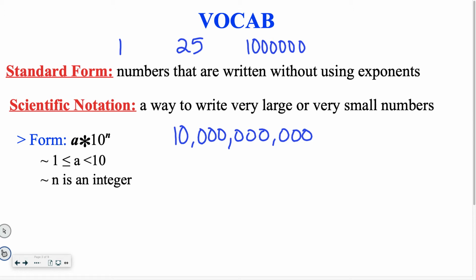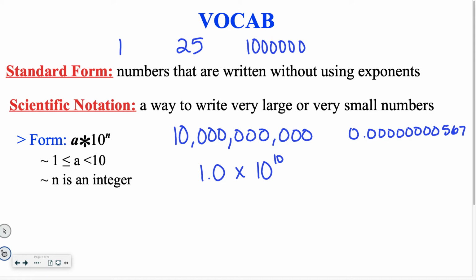So we use something called scientific notation, where we can write numbers like this. That's a lot faster to write than 10 billion. And as numbers get even bigger, or even smaller, because it works the other way too. If you have lots and lots of zeros after a decimal and then some numbers, you can use scientific notation to write that in a faster manner.